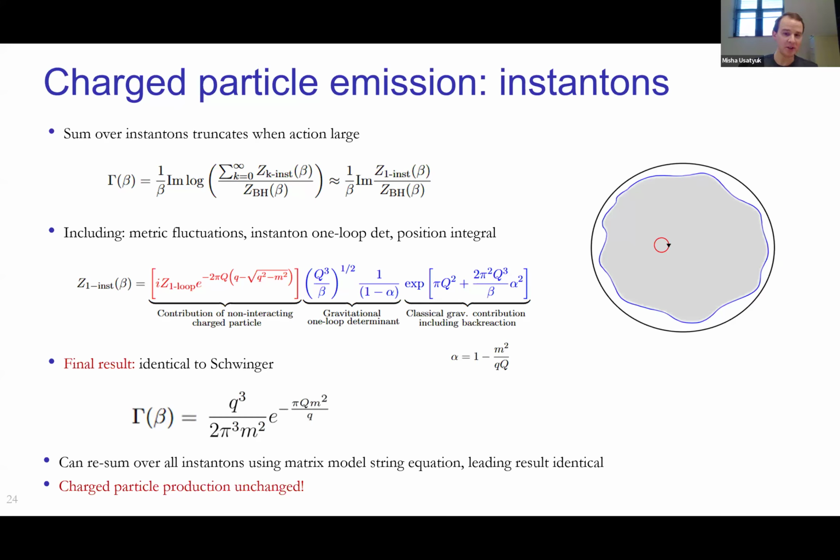And the final answer, after we do all the calculations, is this gamma. So you may not remember it, but this gamma is identically equivalent to the Schwinger rate we got by integrating Schwinger's decay rate over the entire black hole spacetime. This is just the leading order answer. There are sub-leading corrections that are less important that I haven't included.